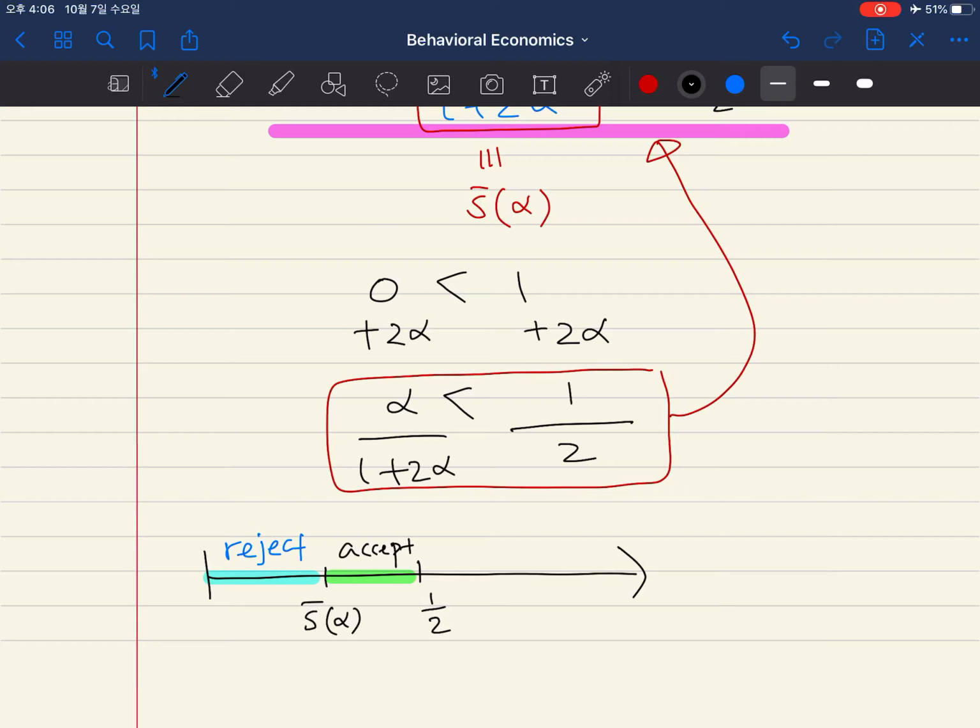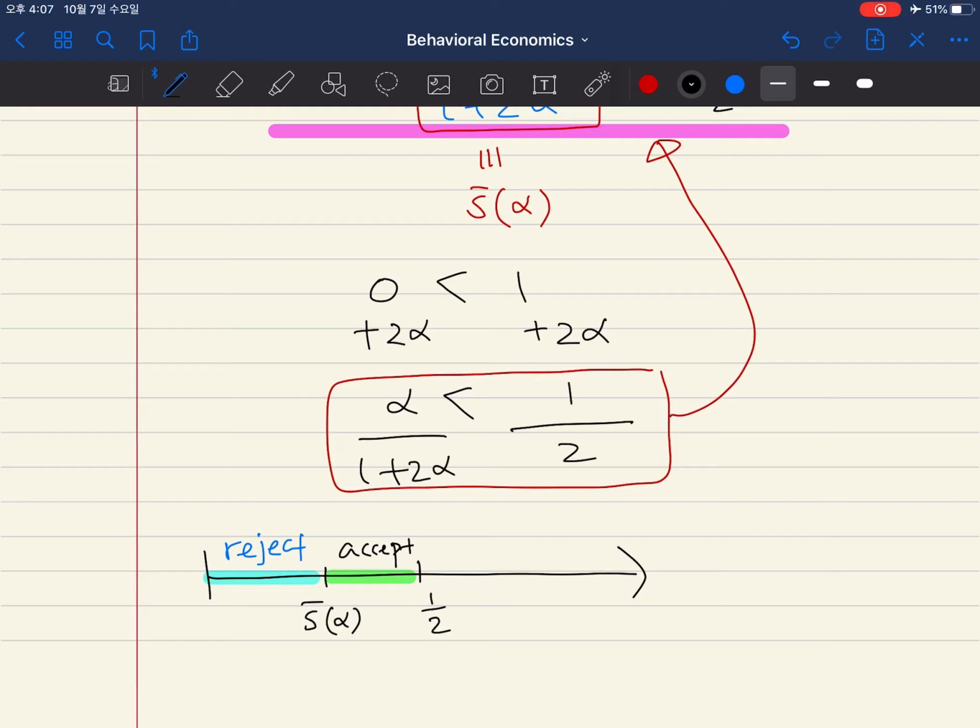And this finding is very intuitive. It basically says responder is going to reject the offer if the offer S is less than some threshold. In other words, responder is going to reject the offer if the offer is too small. But otherwise, responder is going to accept.